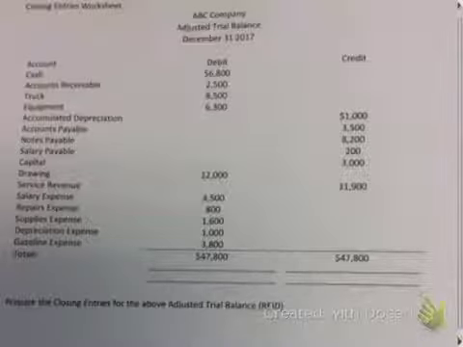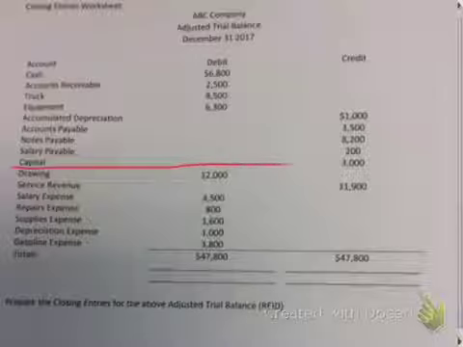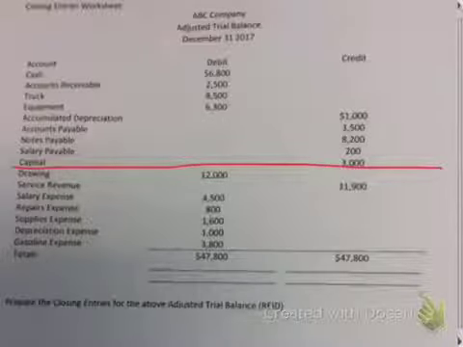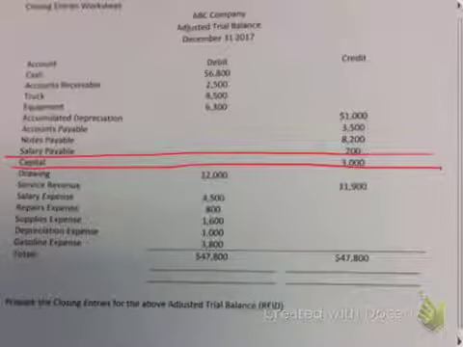Now, one of the first things that you can do if you have it in numerical order is draw a line between some of these different accounts. I actually normally look at capital. It is an account that will change through the process because we are closing things to the capital balance.